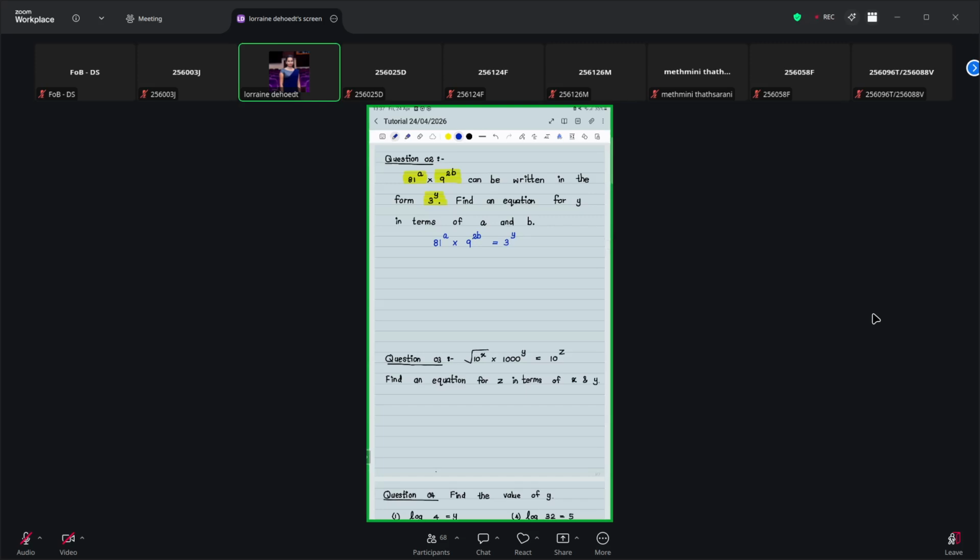Then they say find an equation for y in terms of a and b. That means it's a small question. Now you can do it. I'll give a couple of minutes. You can try on your own and please send your answers to the FOB account.